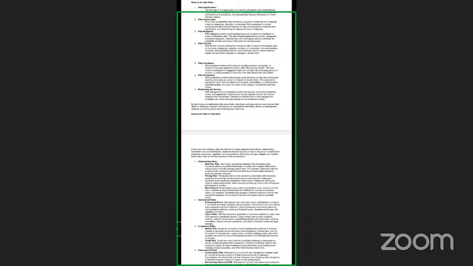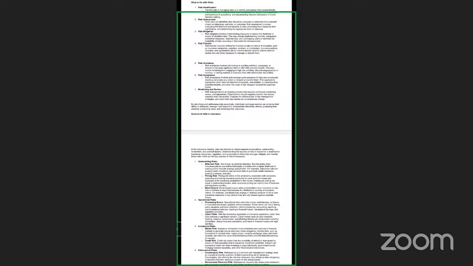Risk assessment basically involves the evaluation of the likelihood and severity of risk, then prioritizing them based on their significance and determining the appropriate level of risk. So the second important step that the insurers in the risk management plan have to take is to properly assess the risk once they identify it.